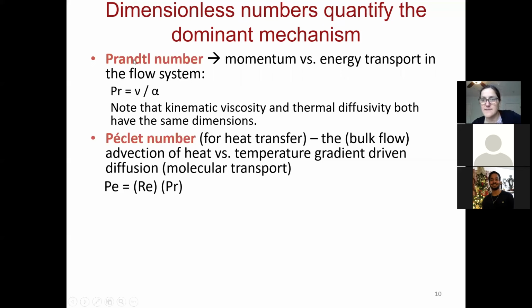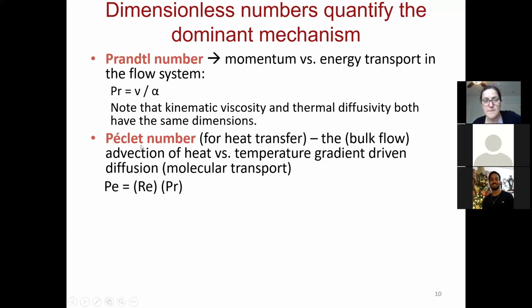That gives me the relative number of these, so I know what to focus on. The worst problems are those that have a Prandtl number around 1, meaning both of these things are important and you have to calculate both, which can get complicated.